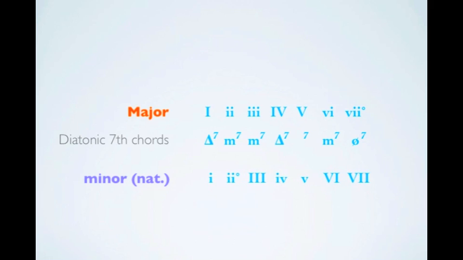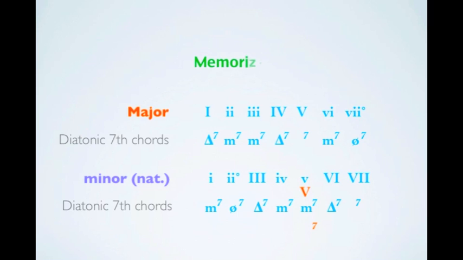So in our natural minor key, our diatonic 7th chords will come in this order. Note, of course, that the 5, the dominant, is most often major, and therefore will be another dominant 7 chord, even in a minor key.